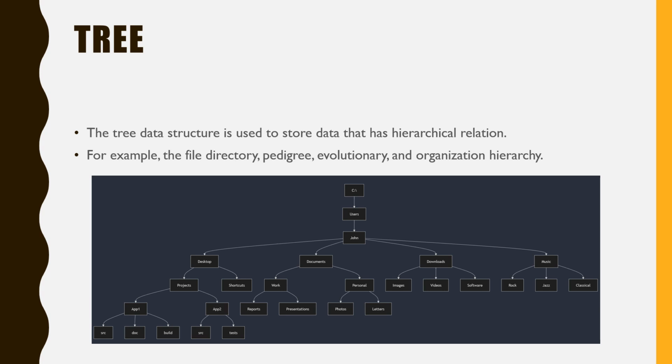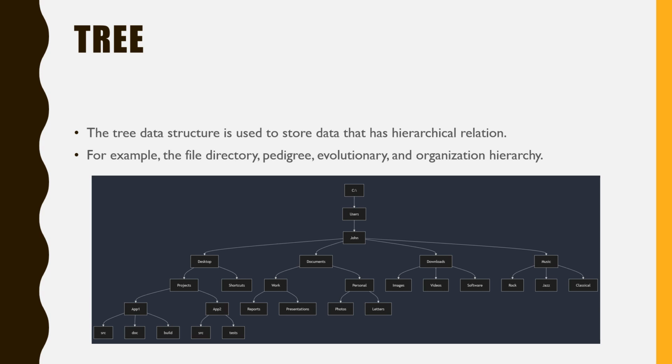The tree data structure is commonly used to store data that contains hierarchical relationships. For instance, it can represent structures such as a directory hierarchy, a family pedigree, evolutionary history, or a company organization.